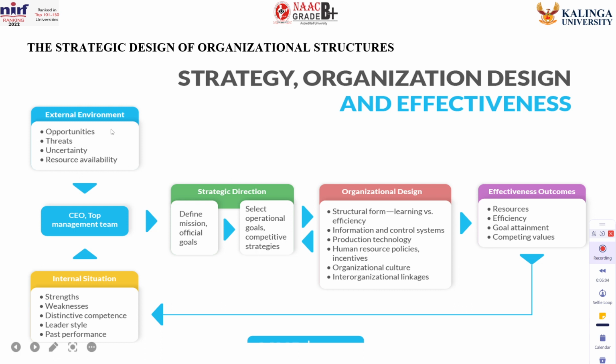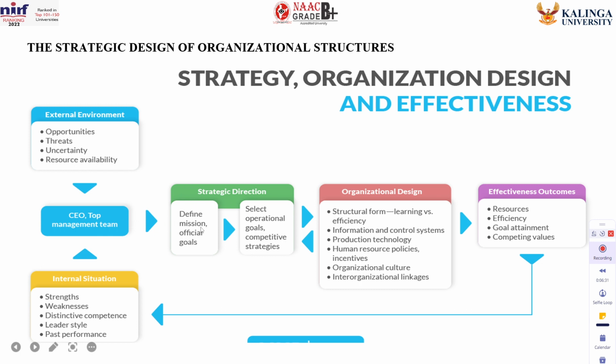These are something which is governed by the environment outside the organization. And there are internal situations like strengths, weaknesses, distinctive competence, leadership style, past performance. These are internal situations in an organization. These lead to the CEO, top management team. They decide the strategic direction of the firm.